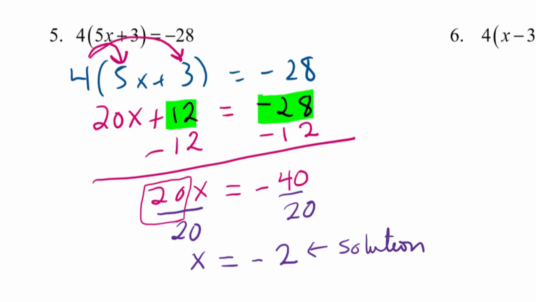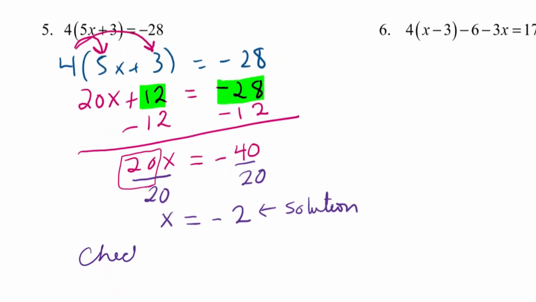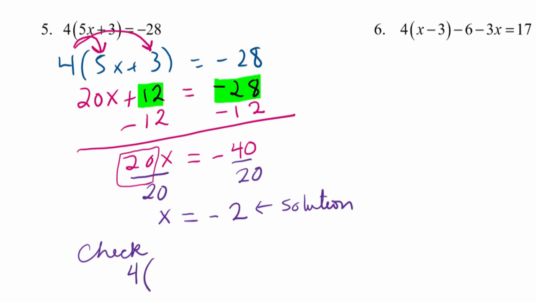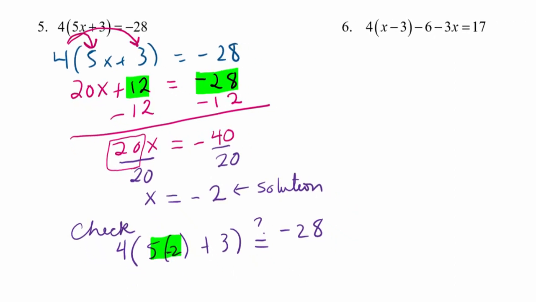and we can check that by substituting back into the original. 4 times 5 times negative 2 plus 3, and we want to see if we get a negative 28. Oh, my solution's a negative 2, so let me put the negative there. Okay, working inside out with the parentheses and our order of operations, we're going to do this multiplication first for the check.